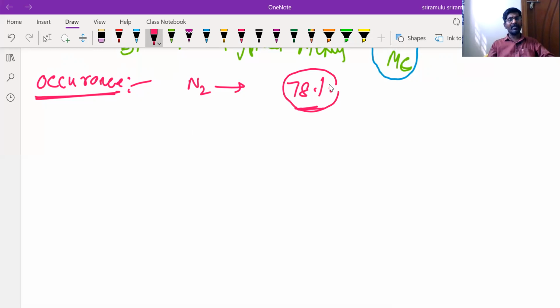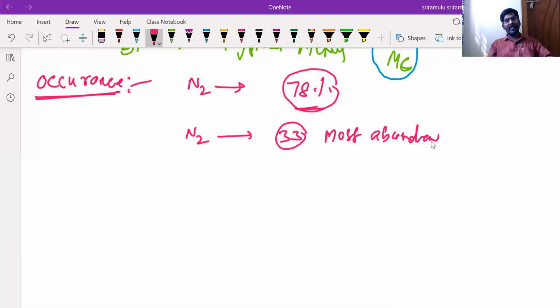And nitrogen is the 33rd most abundant element in the universe, okay students. So this is the 33rd most abundant element in the case of nitrogen.